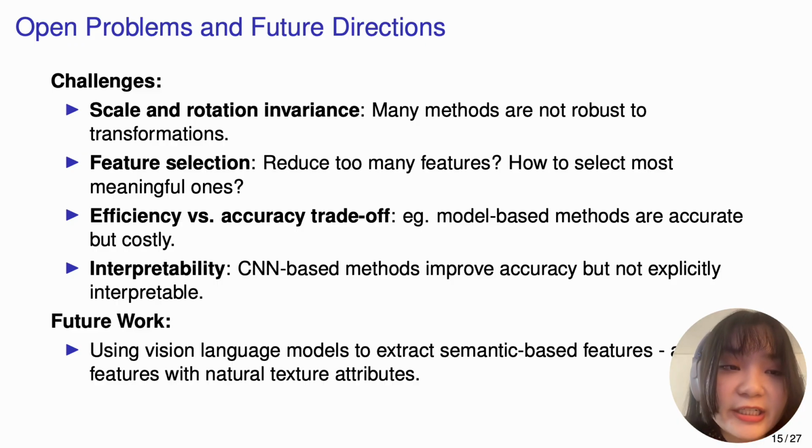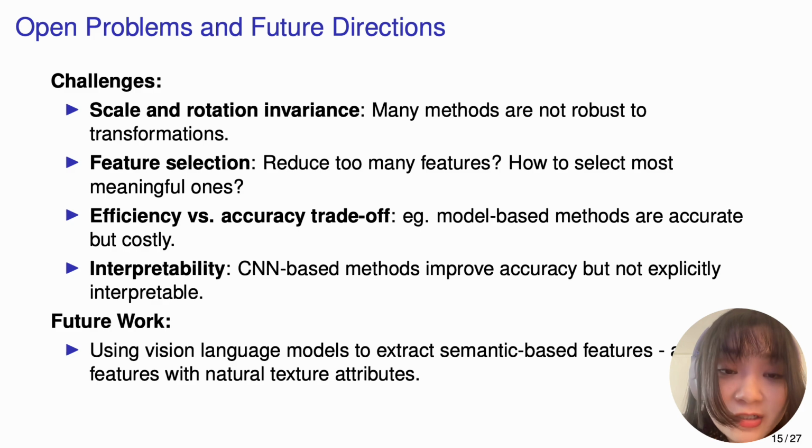For the challenges of these texture analysis methods, the first one is that we have to achieve scale and rotation invariance because many traditional approaches are not robust to transformations, like local binary pattern and GLCM. And the second thing is that we have to select the features.